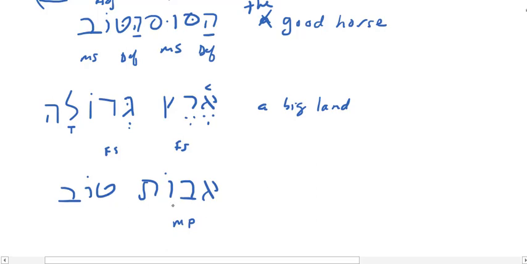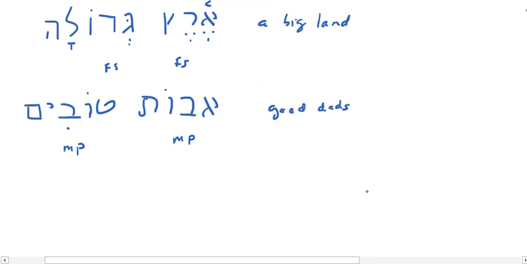So which form of tov am I going to use with avot? Tovim. I got to use the masculine plural form. So it's avot tovim. Notice the adjective is true to the real gender of that noun. Okay? Avot tovim. Good dads. Okay? Good fathers. Avot tovim. Okay.